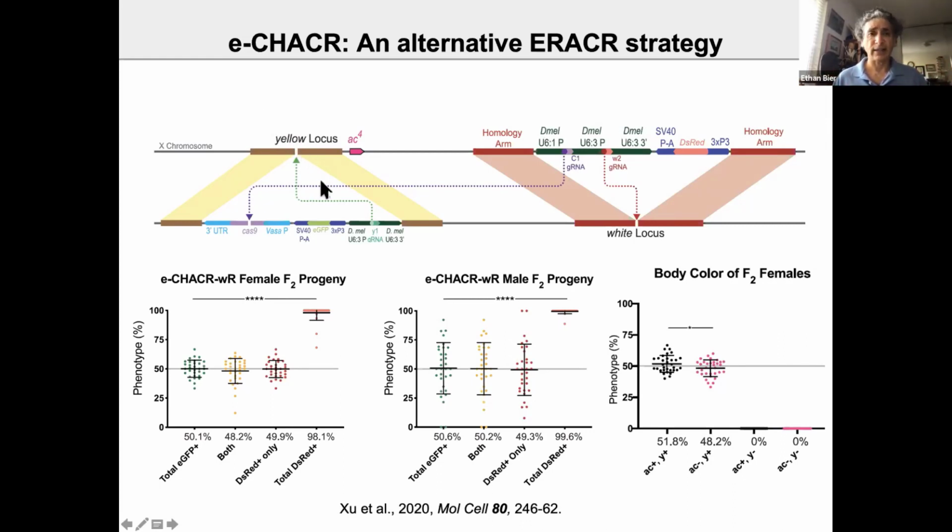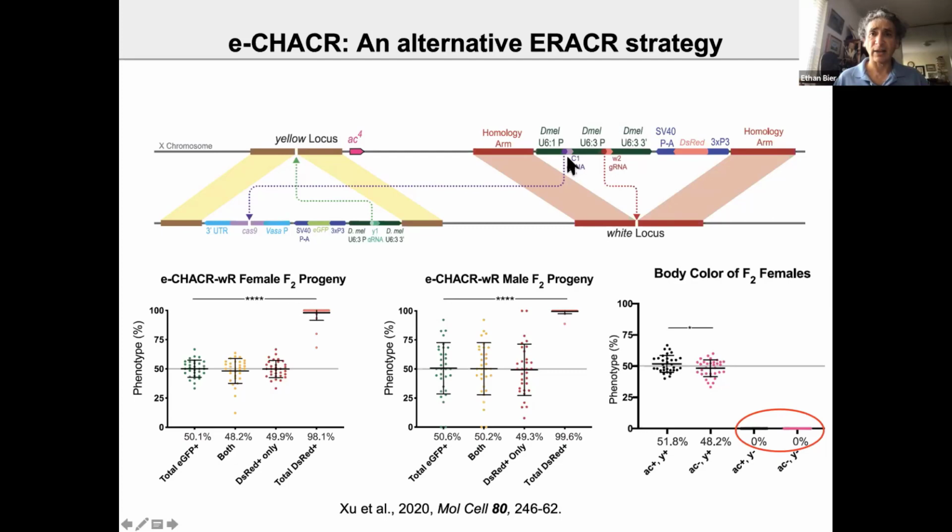So if Cas9 is active, this chromosome will be mutated. But what you see over here is that in males, where you would be picking this up, there is 0 yellow minus phenotype coming from this activity. So the Cas9 is, in this experiment, 100% activity eliminated.